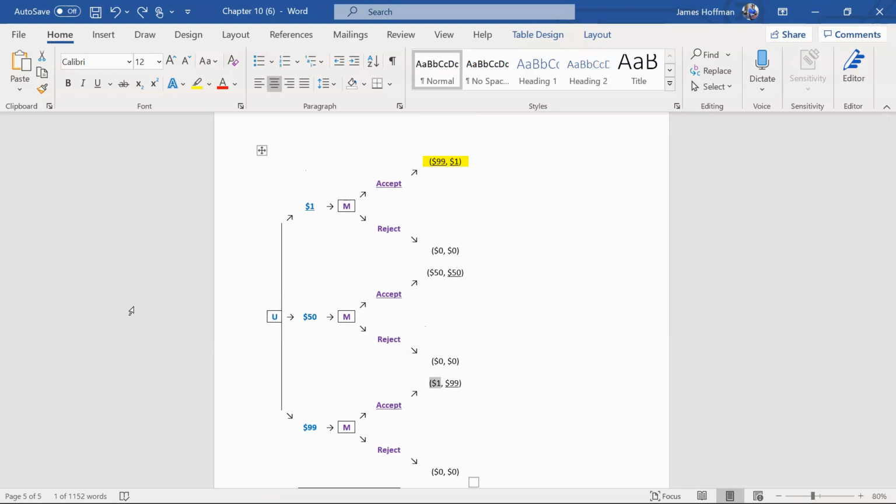Because they have the first mover advantage, they're going to offer $1. That gets accepted, and they get 99. The first mover advantage makes a huge difference here, because everything gets accepted, since otherwise they would just get 0. You can describe this outcome as what each player would do and what the result is. That'll be your SPNE.